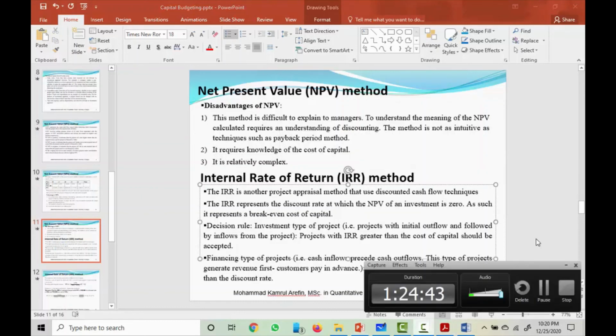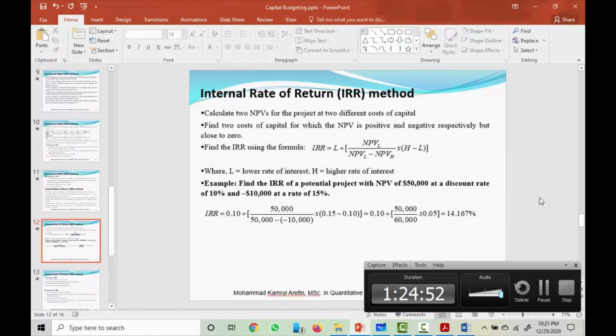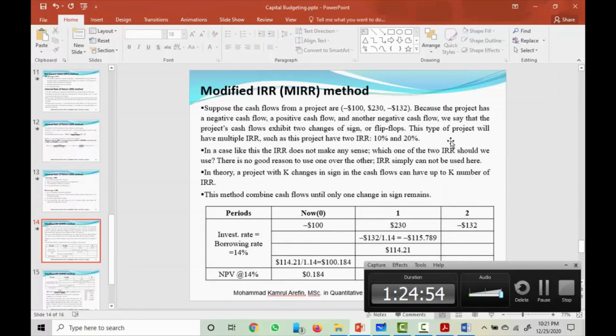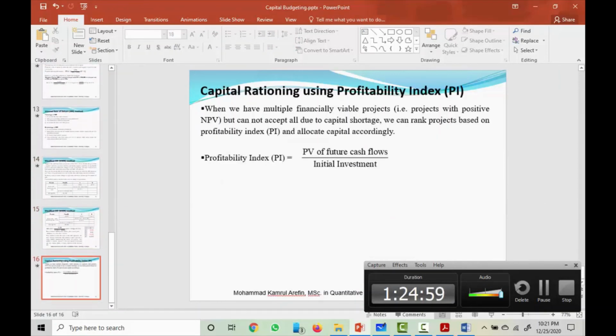So that will be all for this lecture. In our next lecture we will study the internal rate of return method. Then we will study the modified internal rate of return method.